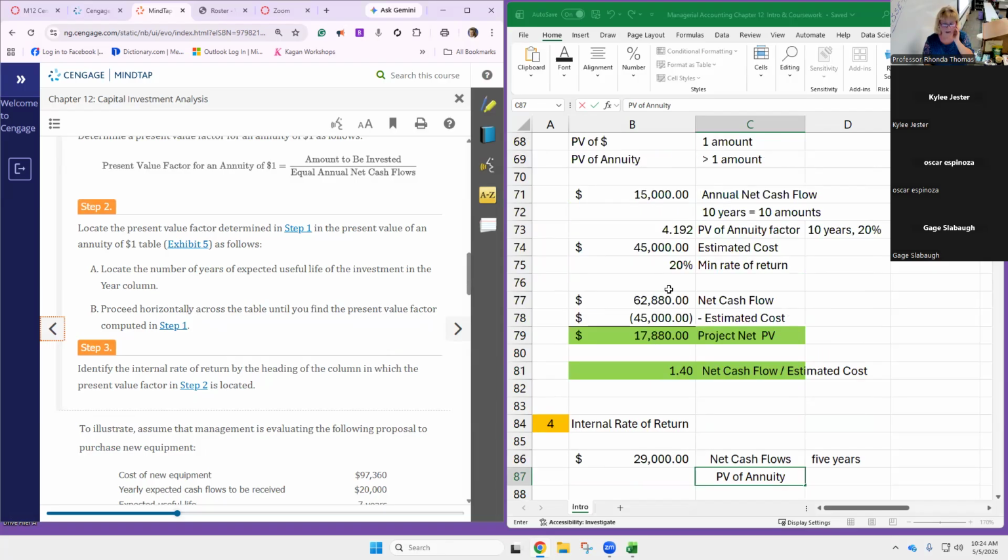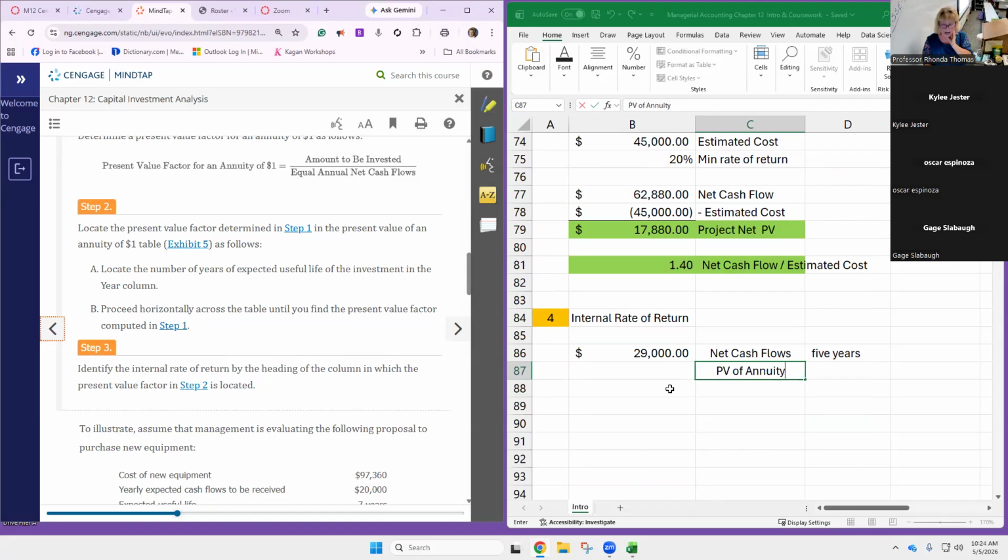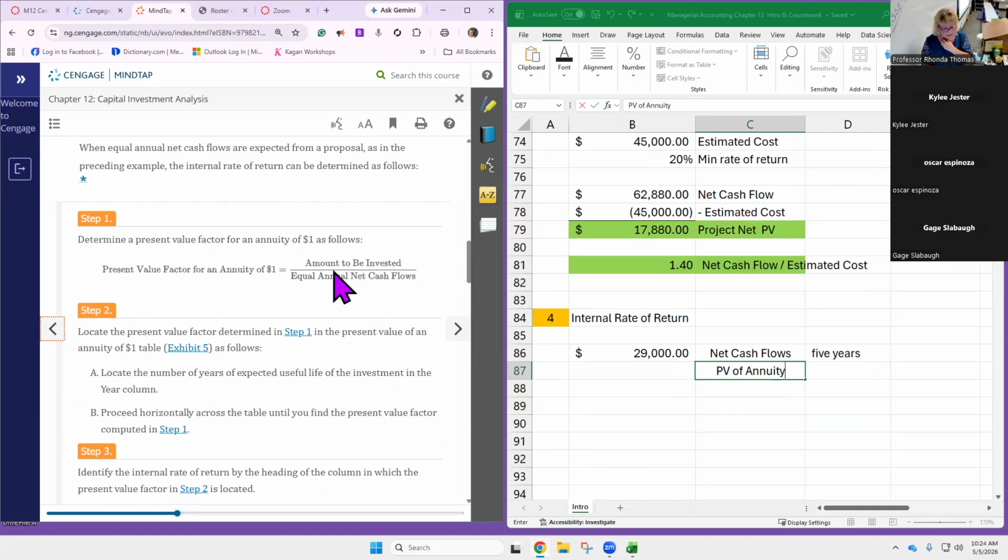So when you're doing the internal rate of return, you're going to go find the percentage. Up here, we went and found the percentage based on 10 years at 20%. Now we're going to have to find the percentage by what they tell us. One more time, we're going to take the amount to be invested and divide by equal annual net cash flows.